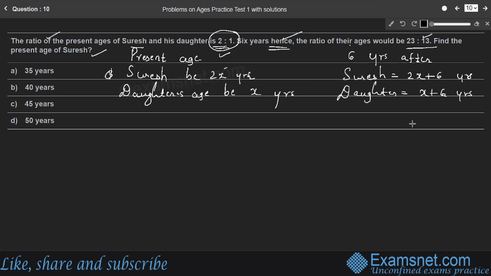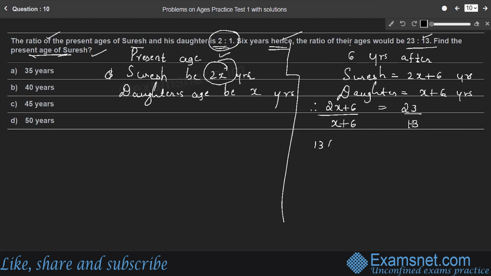We'll take the ratio of their ages. Therefore, 2x plus 6 divided by x plus 6 is equal to the ratio already given, 23:13, right? Simplify it. Here we need the present age of Suresh, which is 2x, so we need the value of x. So 13 into 2x plus 6 is equal to 23 into x plus 6.